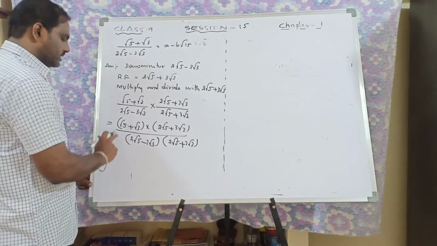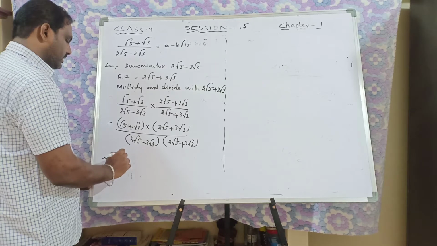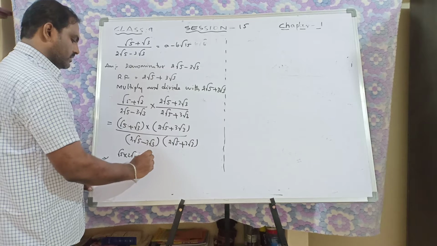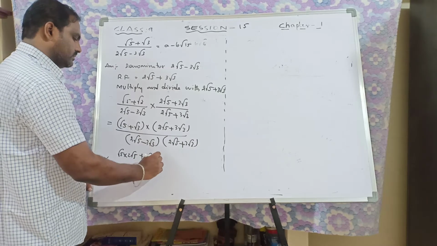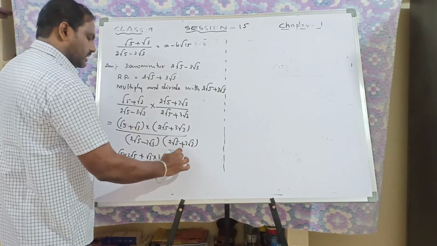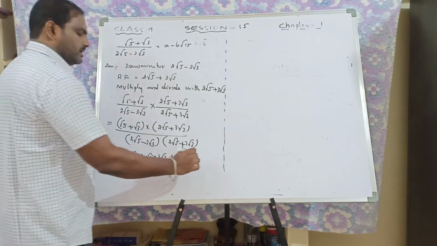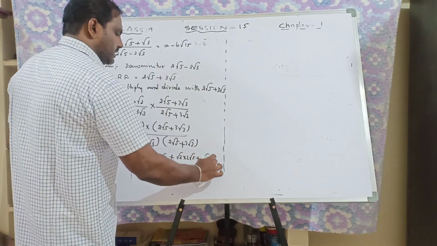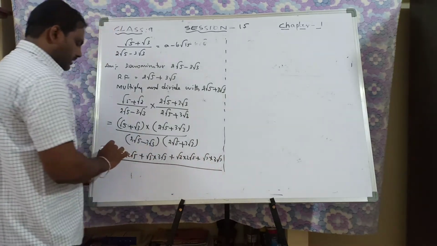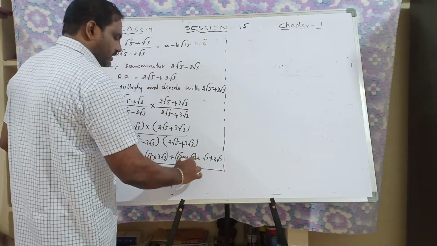Root 5 into 2 root 5, plus root 5 into 3 root 3, plus root 3 into 2 root 5, plus root 3 into 3 root 3, by. For our convenience we keep each and every term in brackets. That means these are 4 terms we have to practice.